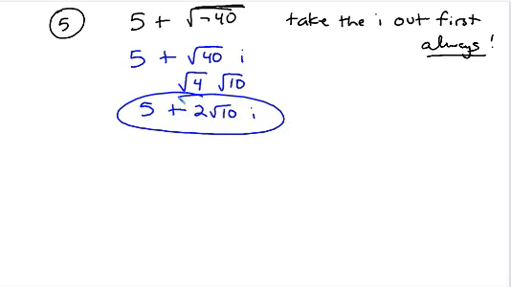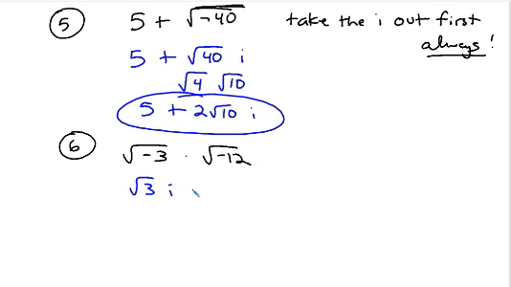Okay? And one more. Let's say that we have the square root of negative 3 times the square root of negative 12. Well, you do not multiply under the radical and make that the square root of 36. You have to take your i out first. This is the square root of 3 i times the square root of 12 i. You have to take the i out first, always.